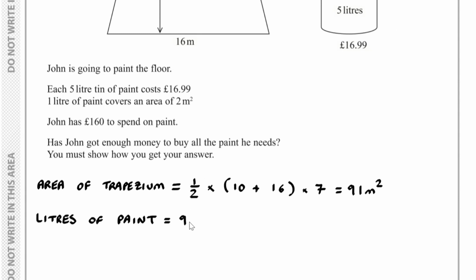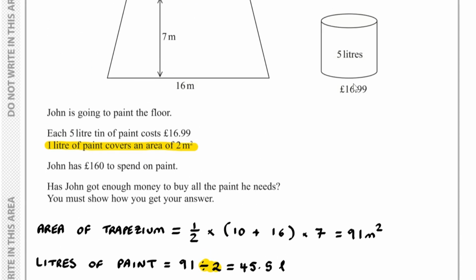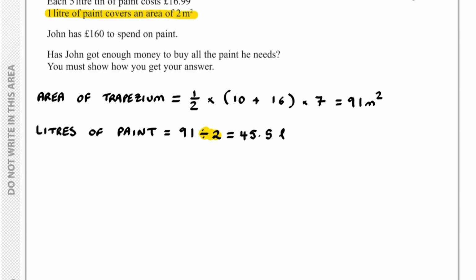For the litres of paint, we've got 91 divided by 2, which is 45.5 litres. The reason we divide by 2 is because 1 litre of paint covers an area of 2 meters squared. So now, knowing that we require 45.5 litres, we can find out how much paint we actually need.